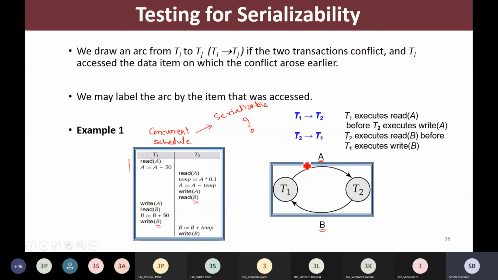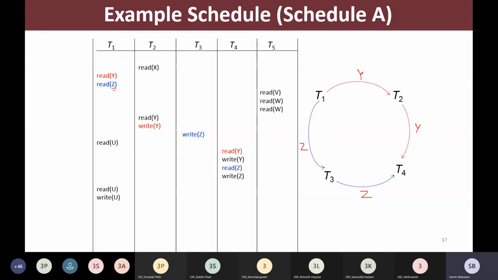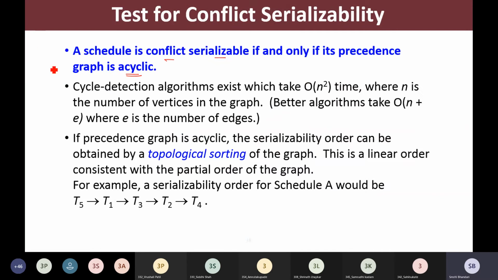Why? Because in the corresponding precedence graph, we are having a cycle. So this is the test for conflict serializability: a schedule is conflict serializable if and only if its precedence graph is acyclic.